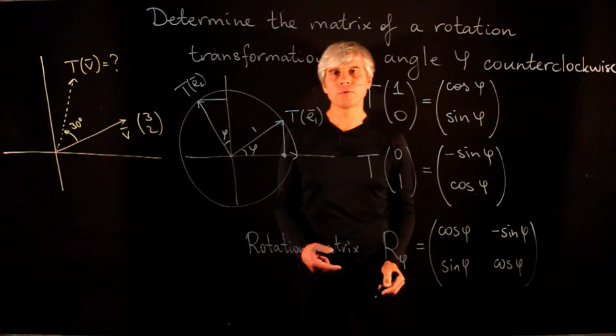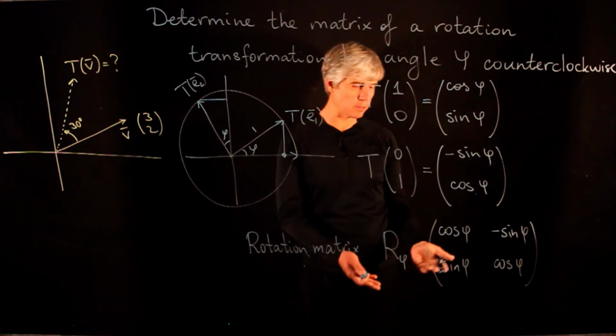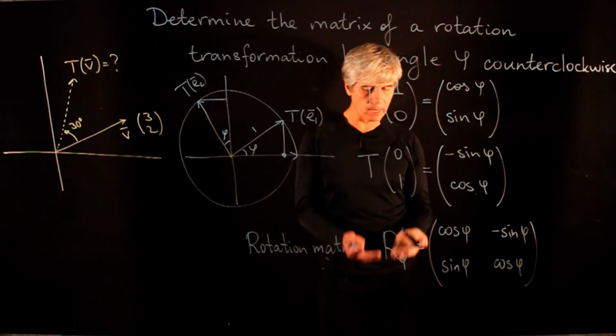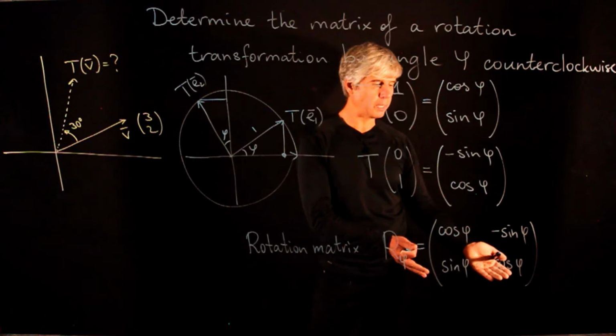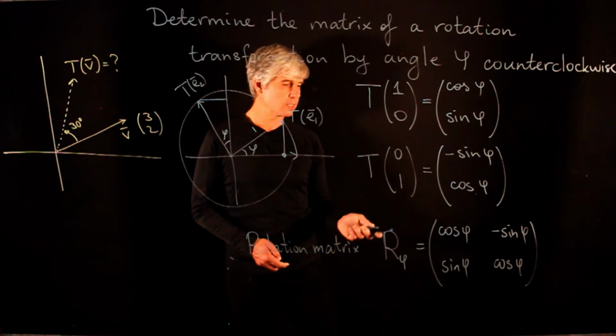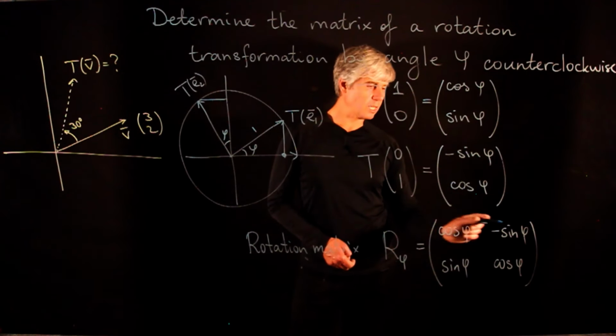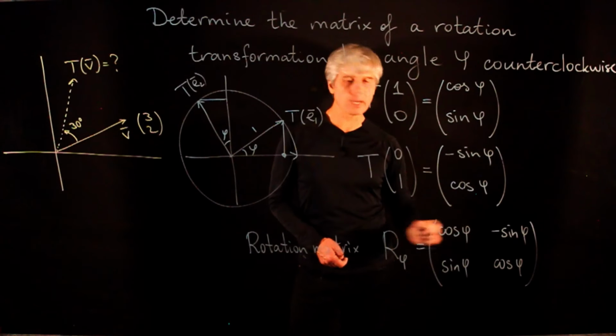And then to calculate images of arbitrary vectors under rotation, we just multiply this 2 by 2 matrix by a given vector. Since this is such a commonly used matrix, it's a good idea to take a look and remember how it looks.